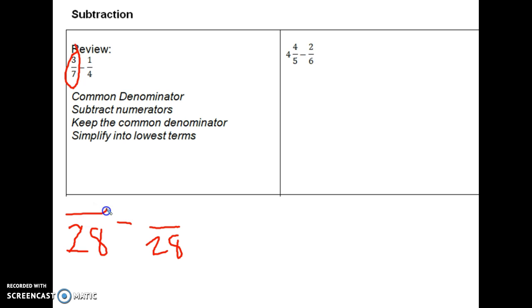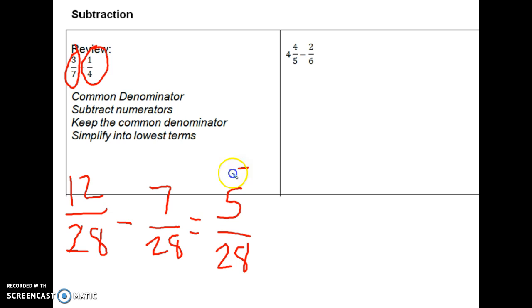So 4 times 3 gives you 12. To get this one to 28, you're multiplying by 7, so that's going to take you to 7. From here, then you can keep the denominators the same, and you can subtract 12 minus 7 is 5. Make sure that your answer is in lowest terms, and then you're ready to move on. So 5/28 is our answer there.